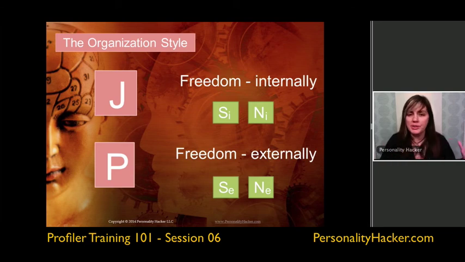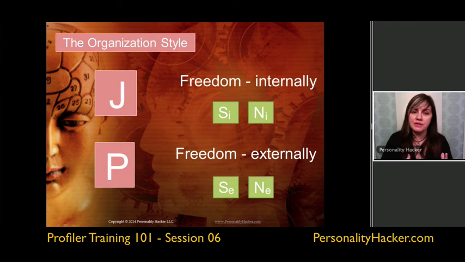You're learning openly, it's non-prejudicial, you are not making any decisions, you are just taking in and understanding new information. So that is where you like your freedom, whatever your sensing or intuitive process is. If you're a judger, that will always be internal. It will always be introverted or inwardly focused. So your sensing or intuitive process will always have a little I next to it.